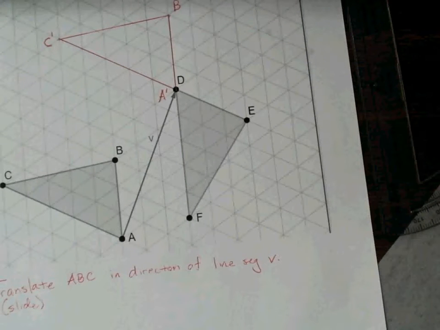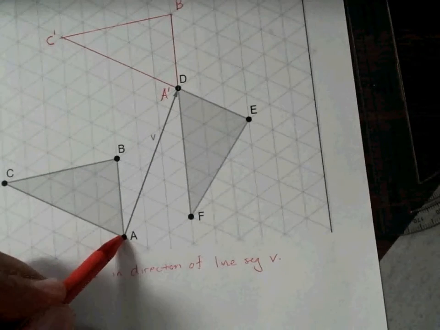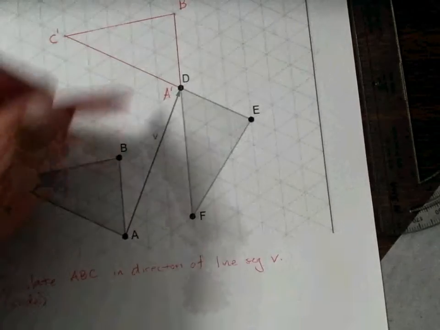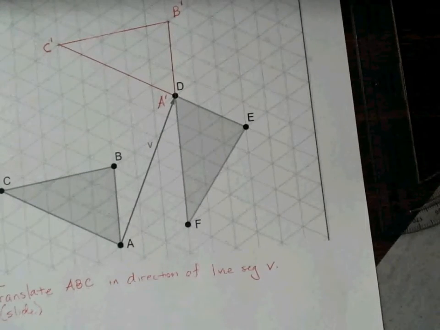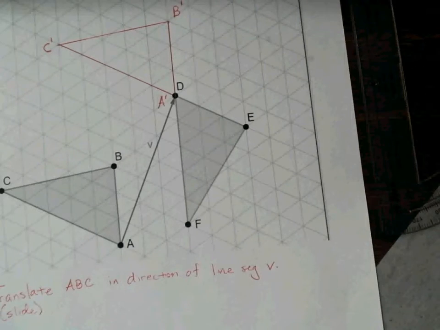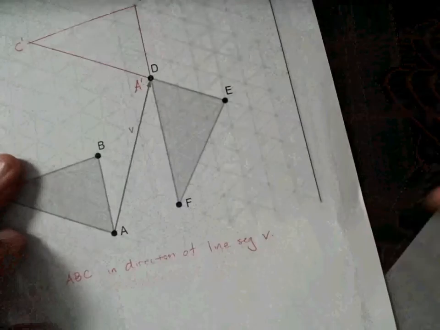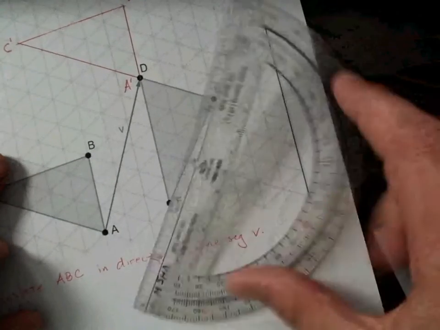How did we know? If I connected the new vertices of A to A prime, B to B prime, and C to C prime, I had to have some parallel lines. If those weren't parallel, then I moved one of the points wrong. Okay? I moved one of the points wrong.